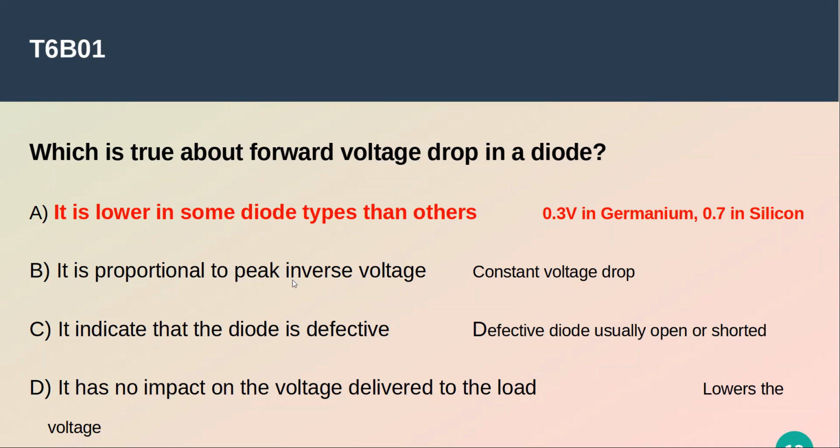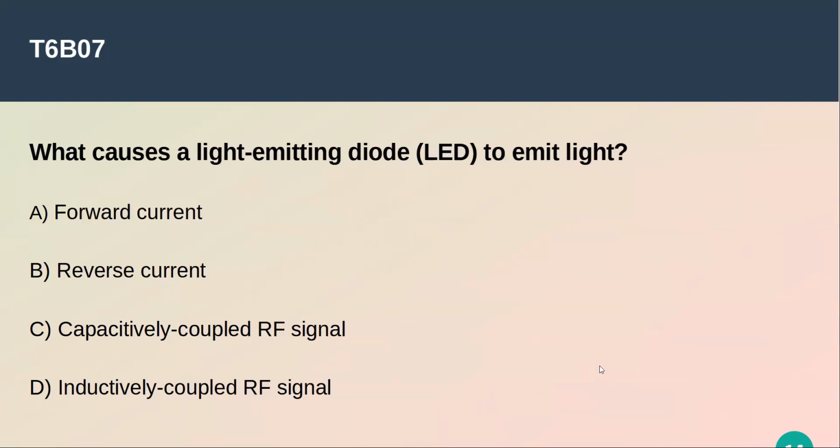Let's see, proportional to peak inverse voltage? They essentially have a constant voltage drop. The diode is defective? Oh, that's kind of weird. Shorted diodes are generally only shorted for a microsecond. Yeah, usually they become an open circuit, very high resistance.